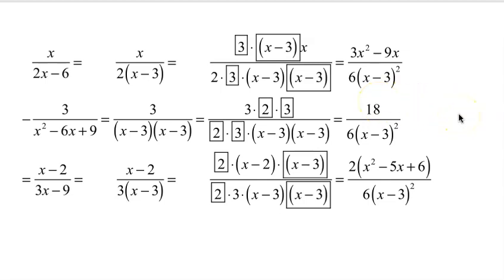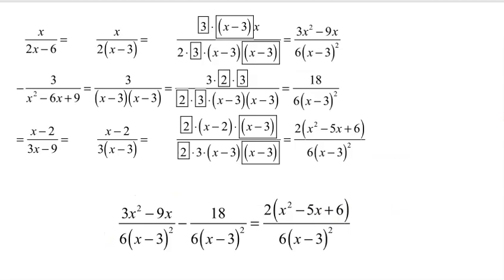So now I have the common denominator. I am ready to try to solve the equation. This fraction minus this fraction equals this fraction, which is what we have. We have a common denominator here, so we can write a single fraction and say 3x squared minus 9x minus 18.